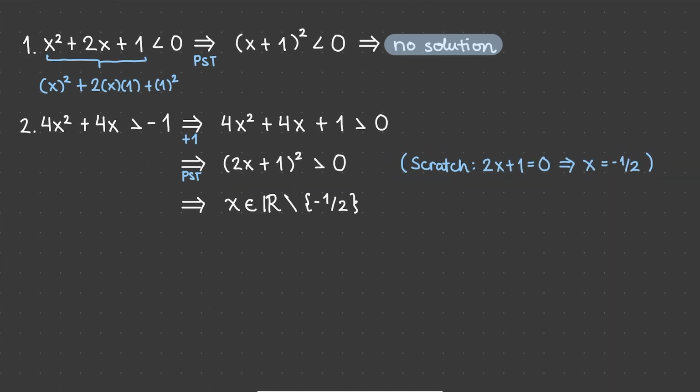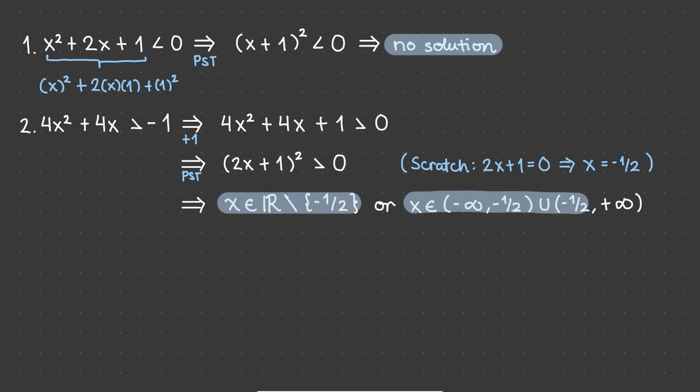Or in interval notation, x in negative infinity up until negative 1/2, union negative 1/2 to positive infinity. So the answer for this problem will be either of these two.